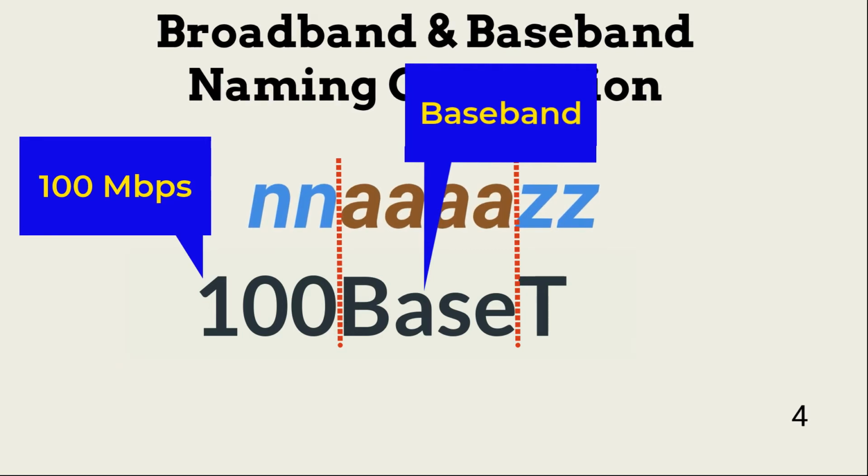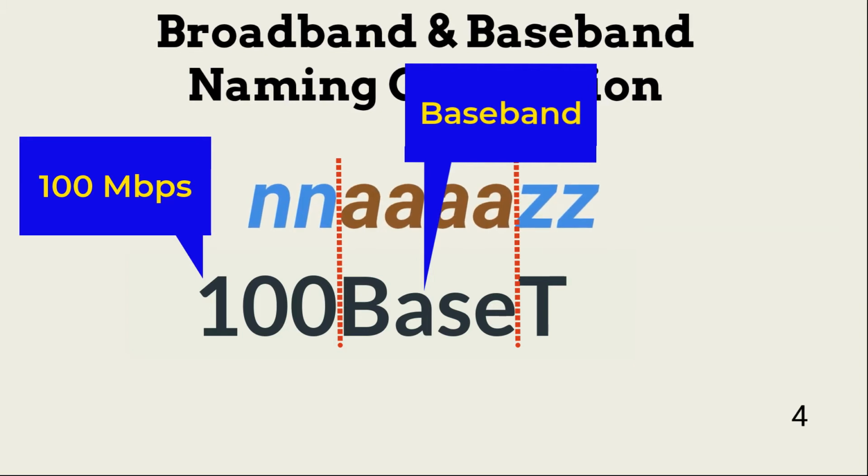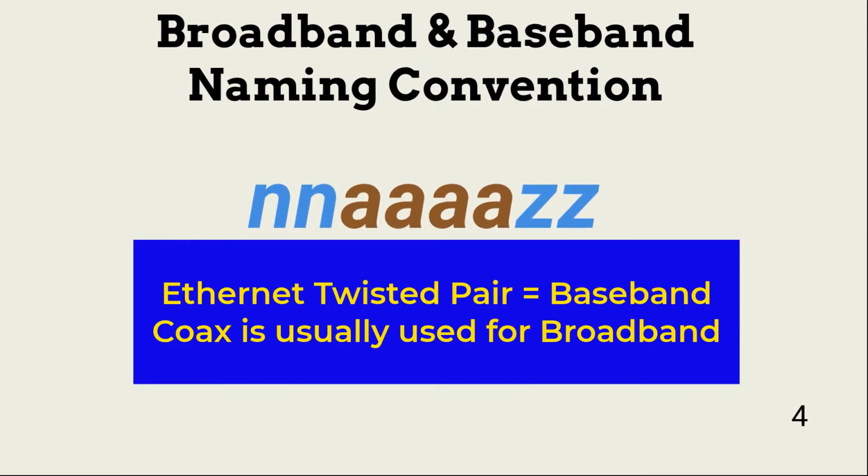The Z's represent the distance signals can travel over the cable or the technology used to make the cable. In our example, the T represents unshielded twisted pair. Most cables used are baseband, as when connecting Ethernet networks. Broadband is usually used over coax cables, such as those used to connect to cable providers.